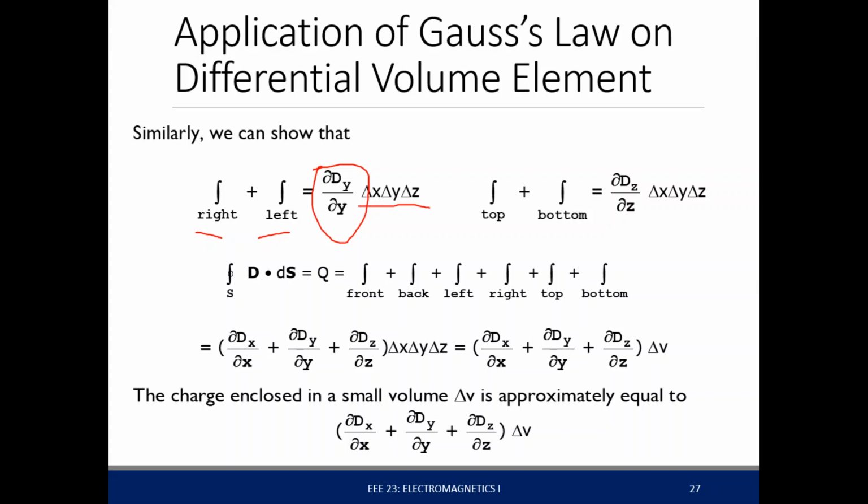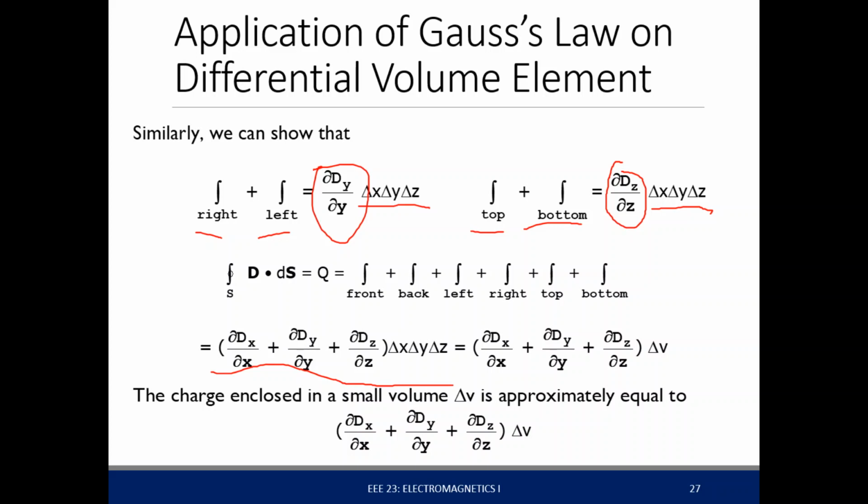If you add the top and the bottom, you get the partial derivative of the z component with respect to z multiplied by delta x, delta y, delta z. So if we add them all up, you'll get this expression right here times delta x, delta y, delta z.